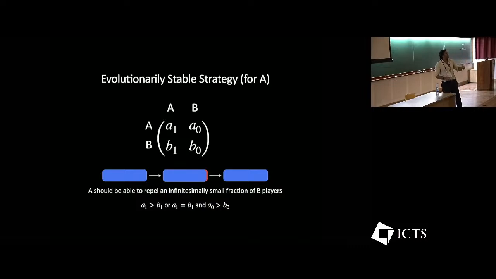There could also be a slightly weaker definition, which says that B can slightly invade because A1 equals B1, but B will never replace A. That would be because A0 is greater than B0. And this connects to the other points of the Nash equilibrium which Sagar asked yesterday, so I put this slide especially for him.